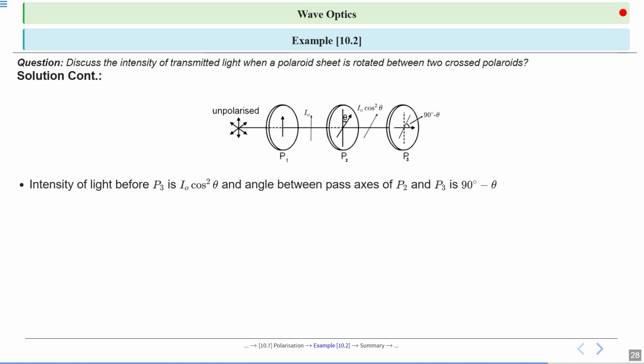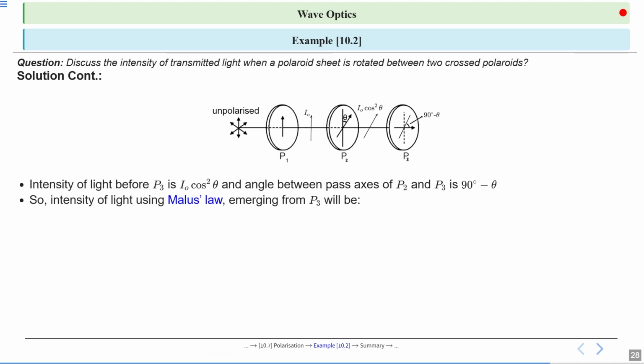The angle between the pass axes of P1 and P3 is 90 degrees. The angle between the pass axes of P1 and P2 is theta, so the angle between the pass axes of P2 and P3 will be 90 degrees minus theta.